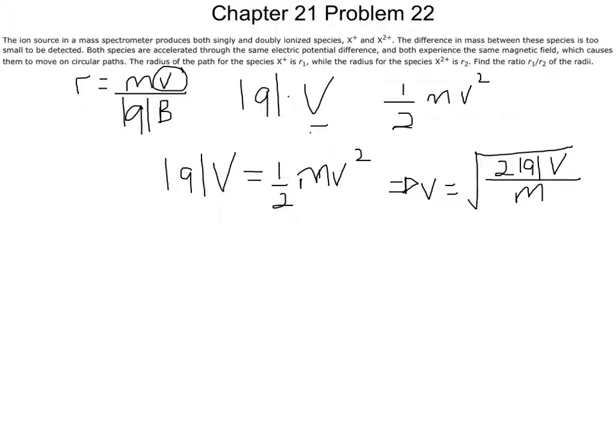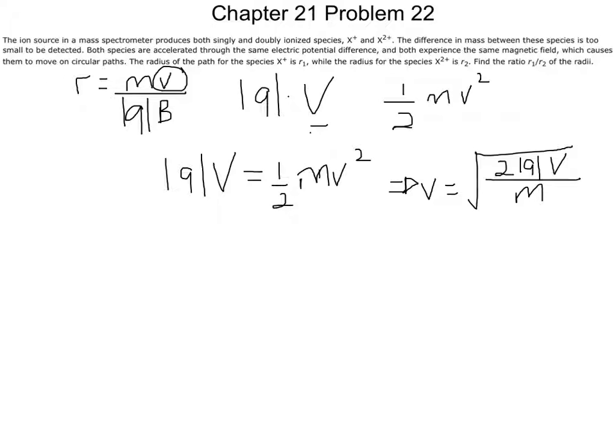So it's the square root of 2q times V, which is the electric potential difference, over the mass. And that's equal to the speed or velocity of the species that's moving in the circular path, like I mentioned before.